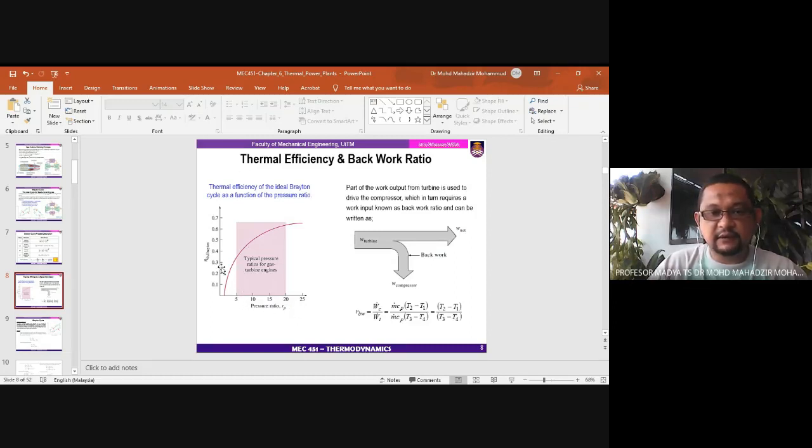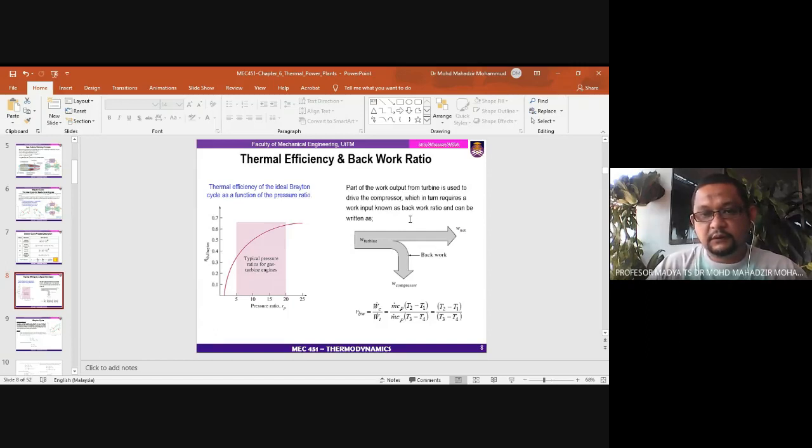We get greater thermal efficiency until the pressure ratio reaches 20 or 25. Then the graph becomes horizontal. That means when you put in a pressure ratio of 30, it does not increase the thermal efficiency any further. The graph only curves up to that part.